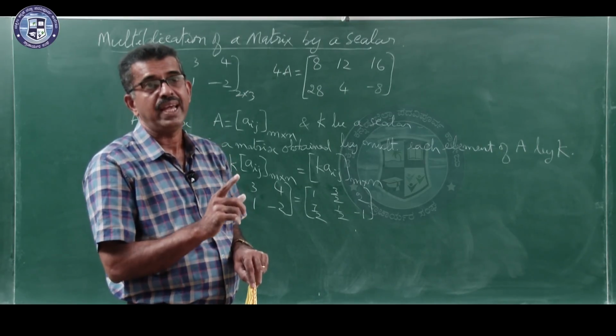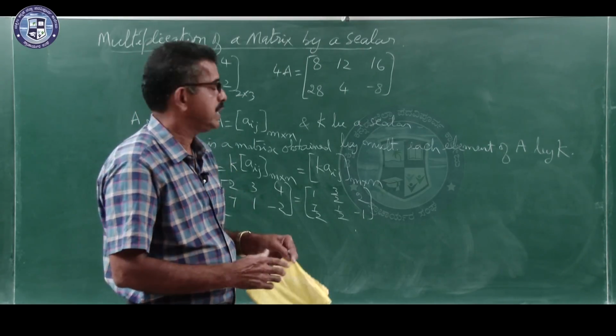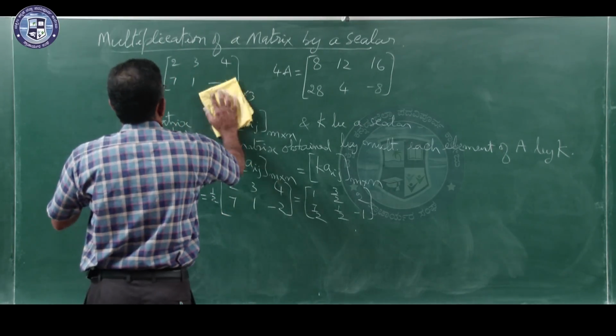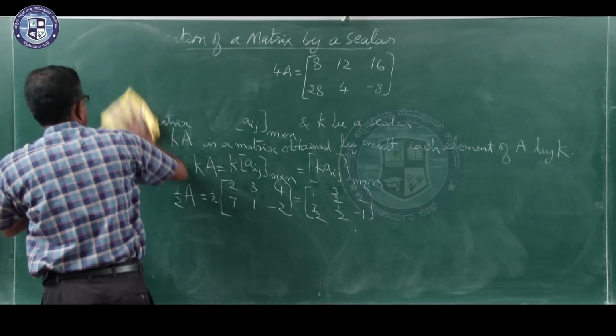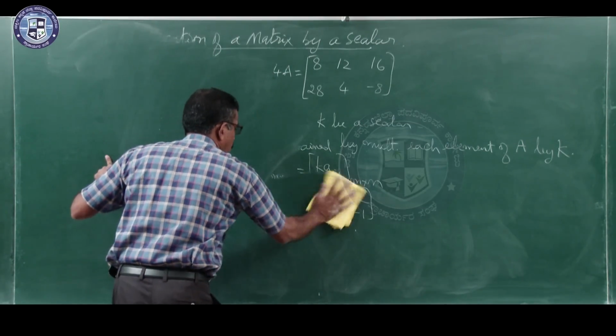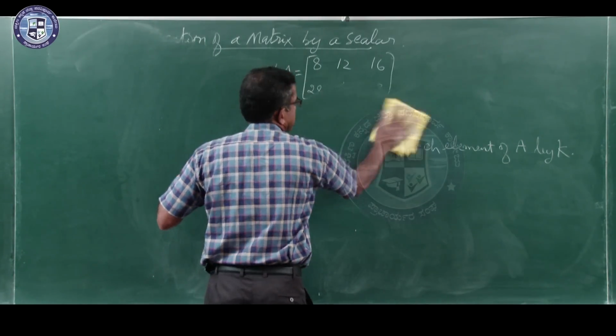Each element of A must be multiplied by what? Minus 1. So, let me write it properly. Negative of a matrix.